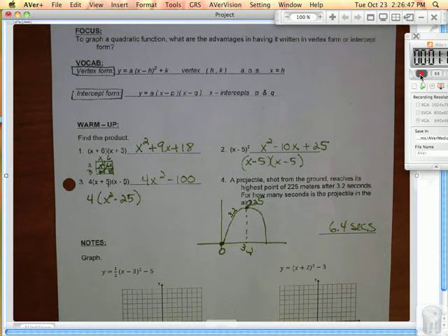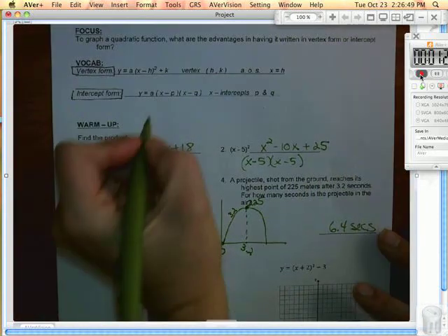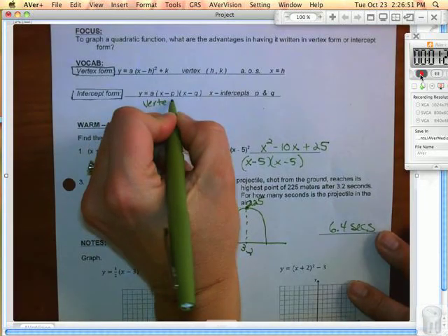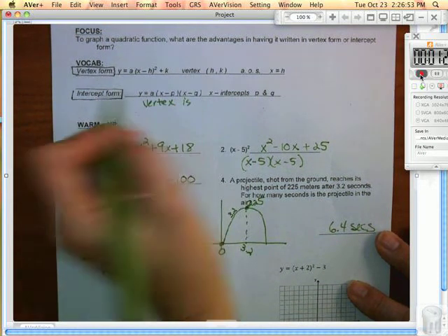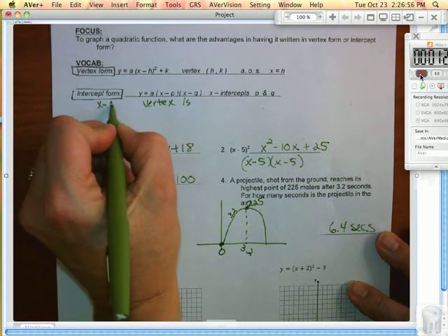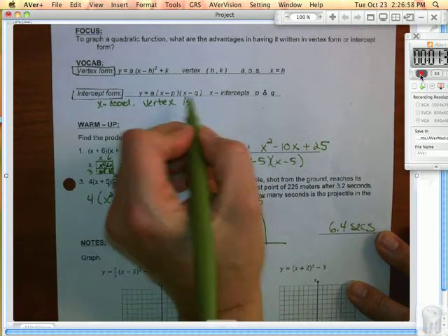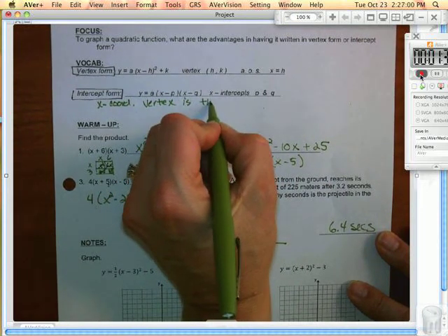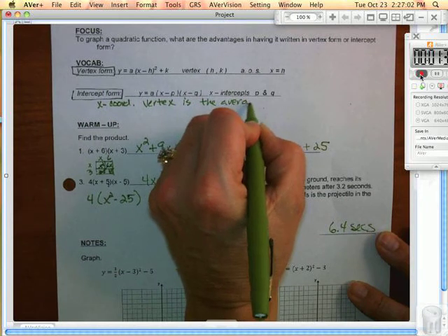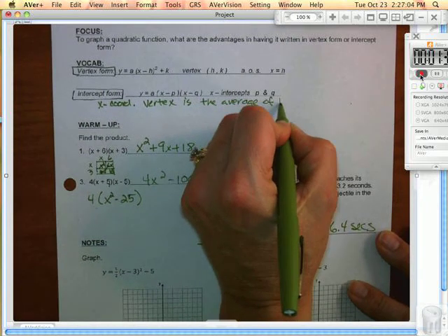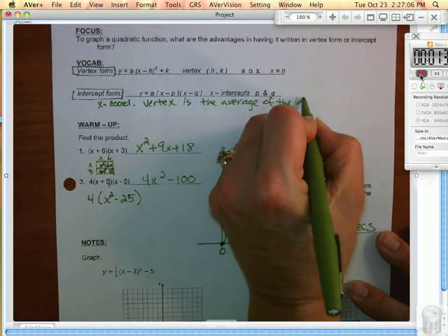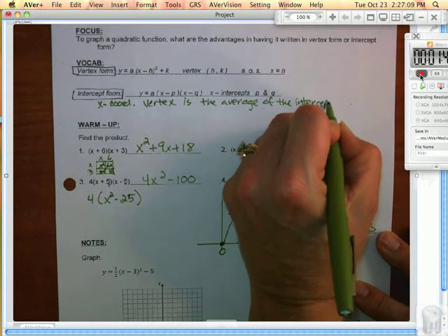I want you to add something to that. The x-coordinate of the vertex is the average of the intercepts. You're going to use this in this section.